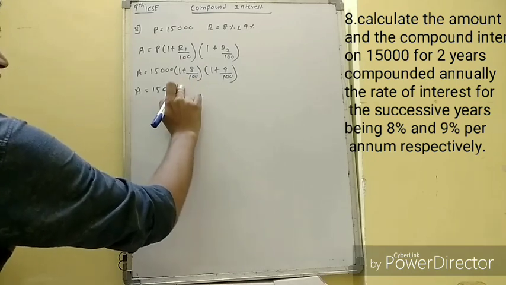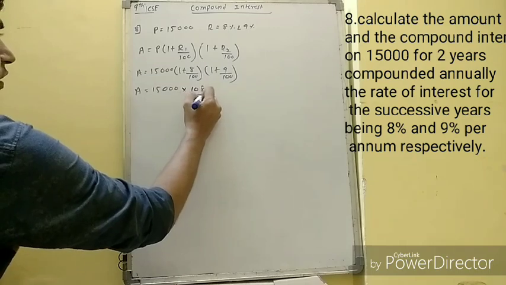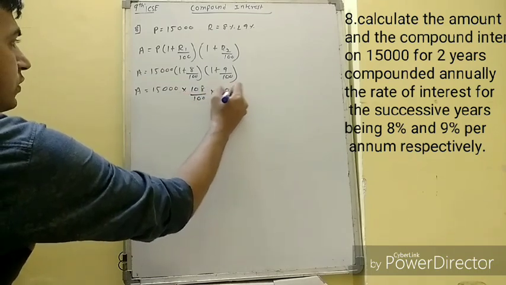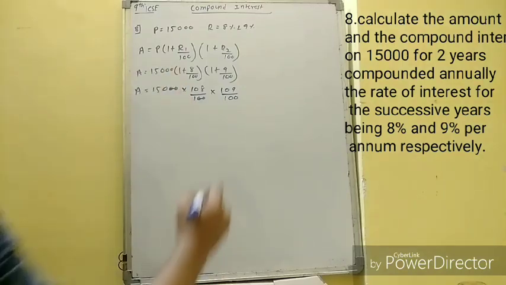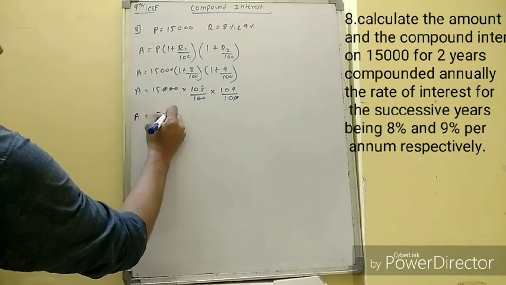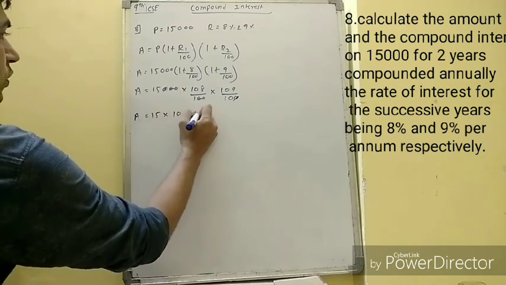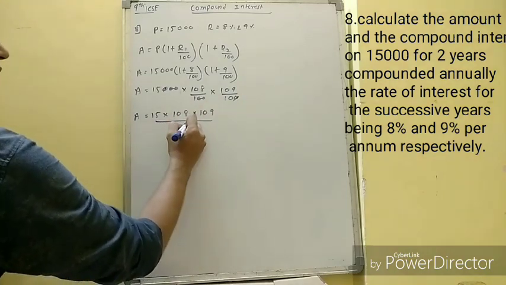When we cross multiply it, I will get 108 upon 100 and 109 upon 100. 0 will get cancelled. 0 will get cancelled. Amount is equal to 15 multiplied by 108 into 109 upon 10.